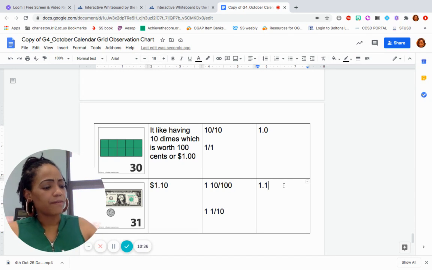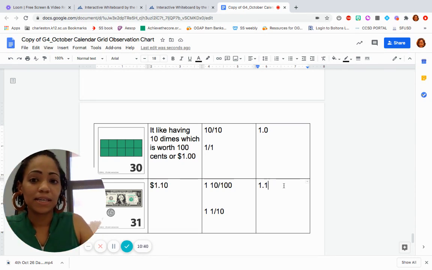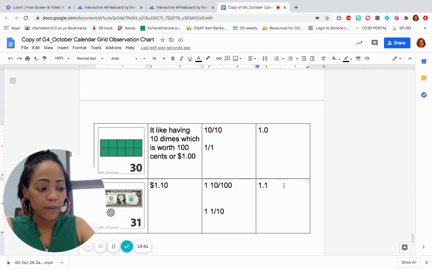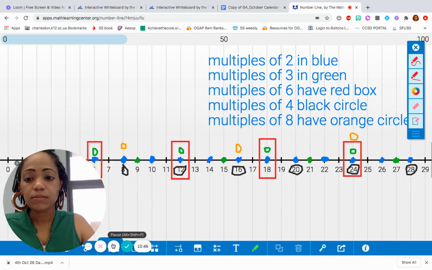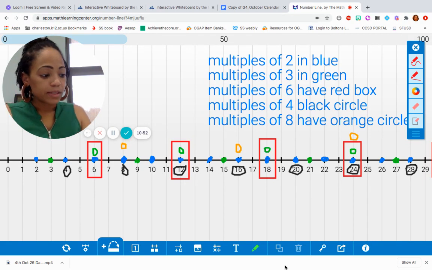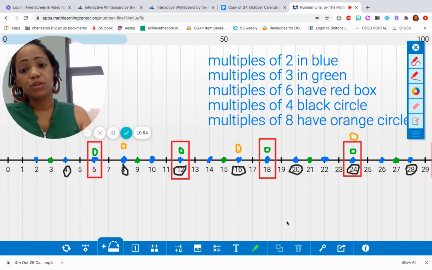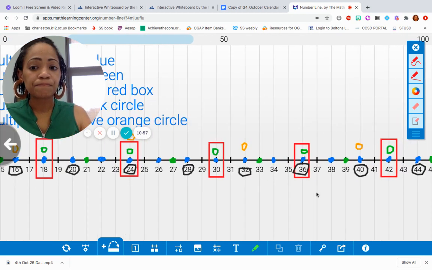Okay? We have one last thing to do today, and that's going to be to look at our number line. And here it is. I just want to briefly go over with you some of the things that I'm hoping you noticed about what's happening on this number line that we've created.